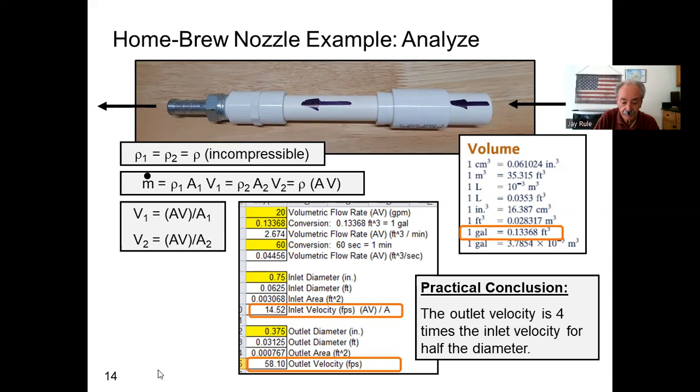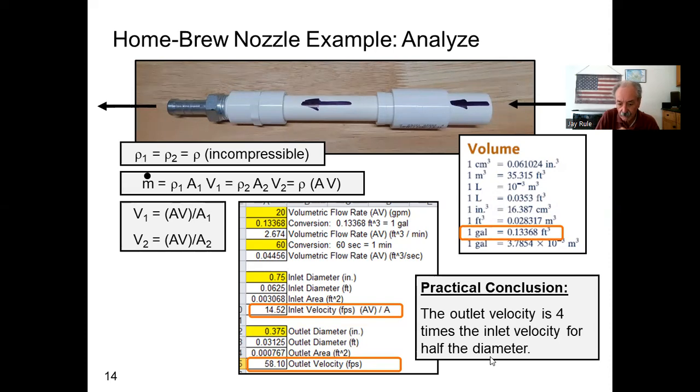Coming out, outlet diameter is known, so the outlet area, I've got to move my Zoom menu so I can read my slide. Okay. Outlet area, 0.000767 square feet. Using the volumetric flow rate definition, the outlet velocity is 58.1 feet per second.